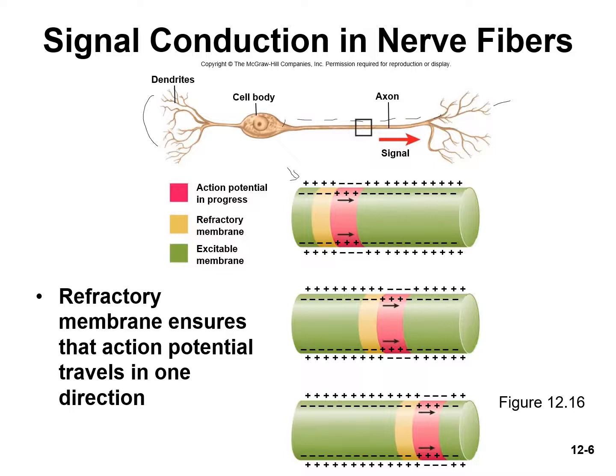So the action potential in progress is illustrated in this reddish color here. Your refractory membrane is going to be immediately behind that where the action potential just was, and then ahead of that is going to be your membrane that is still excitable. So the refractory membrane helps to ensure that the action potential is only flowing unidirectionally, and it's eventually going to make its way to the axon terminal there.